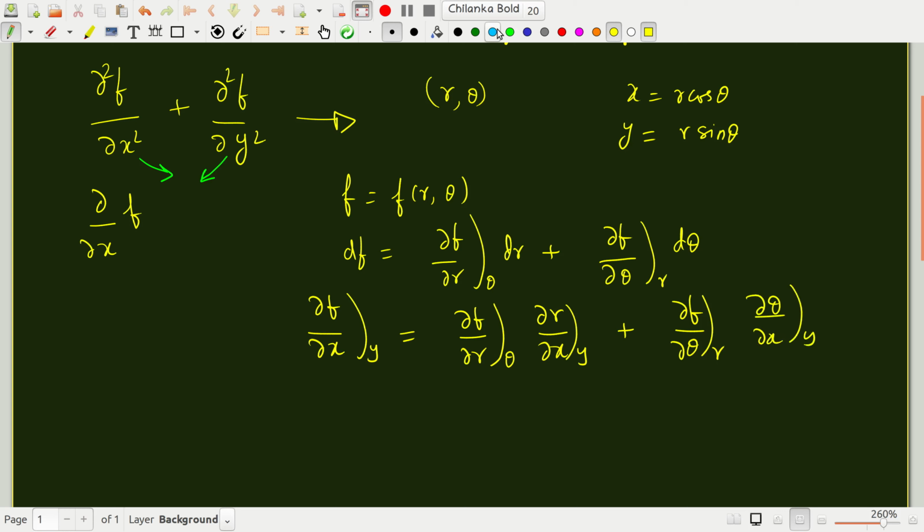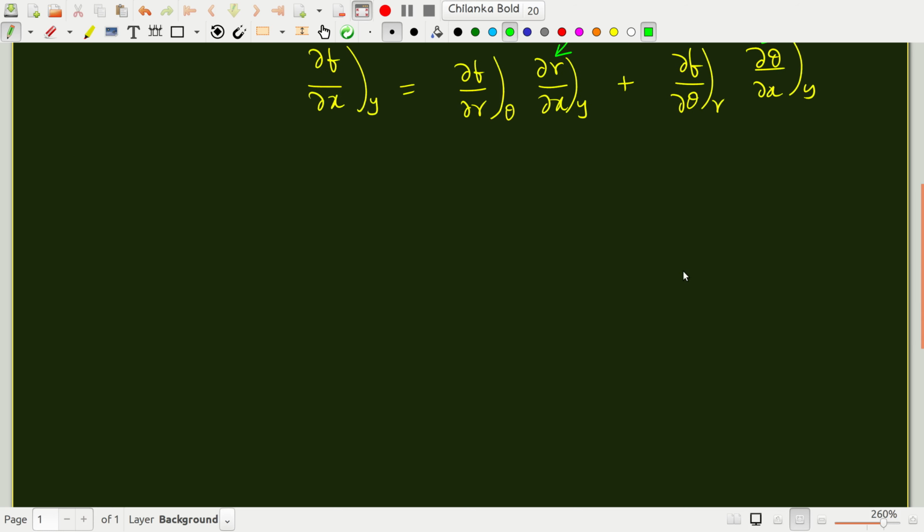Now we need the expressions for these: what is partial r partial x, what is partial theta partial x. From the fundamental expressions, you know r is x squared plus y squared to the half, and theta is tan inverse y by x and so on. That means you can find out what these derivatives are.